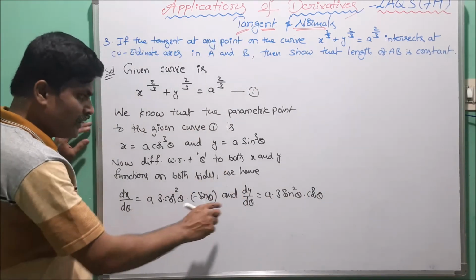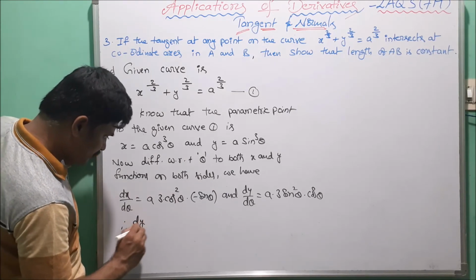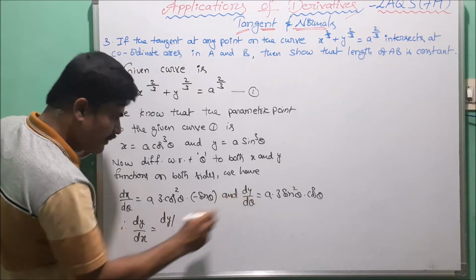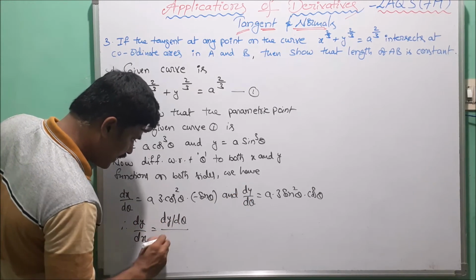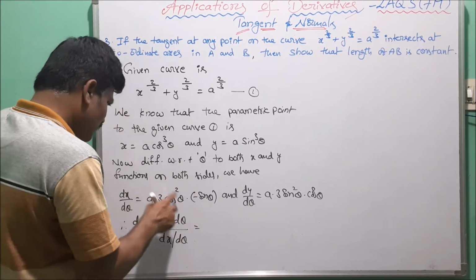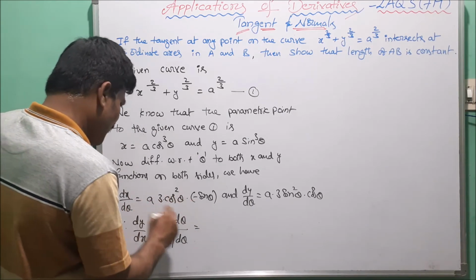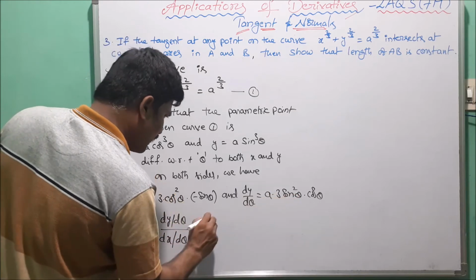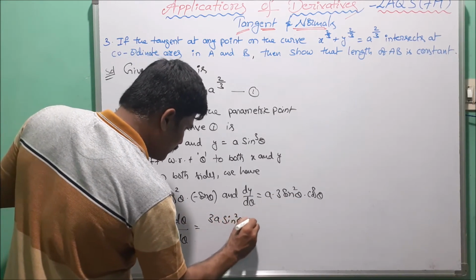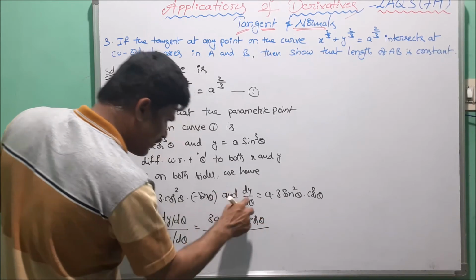Now clearly here to find dy by dx, we take dy by d theta divided by dx by d theta. That means here we write 3a sin square theta into cos theta, this is dy by d theta.